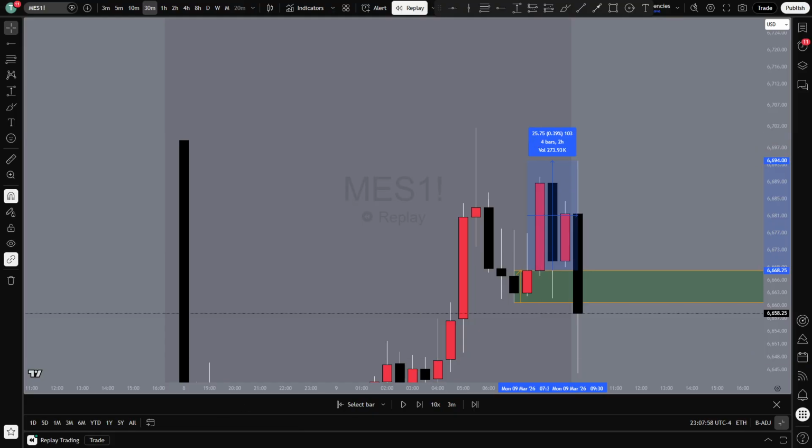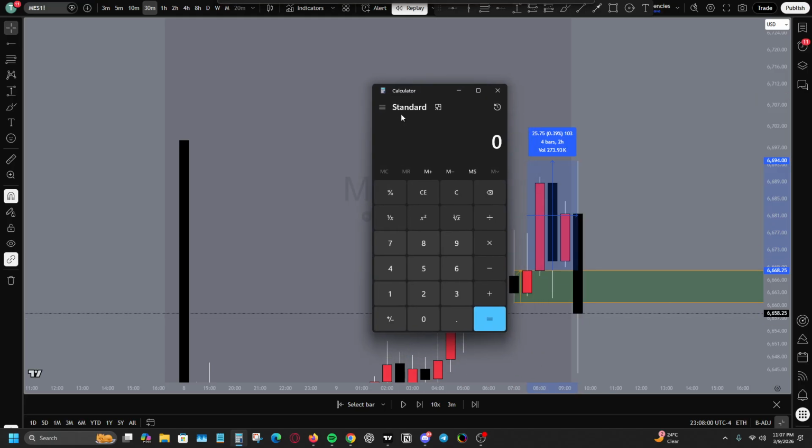So let's do 7.50 divided by, no, my bad. 25.75 divided by 7.5, 3.43 to 1. So my take profit was 3.43 times larger than my stop loss.